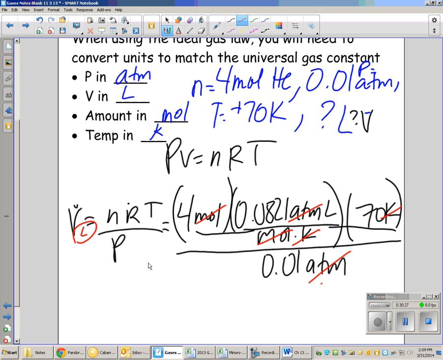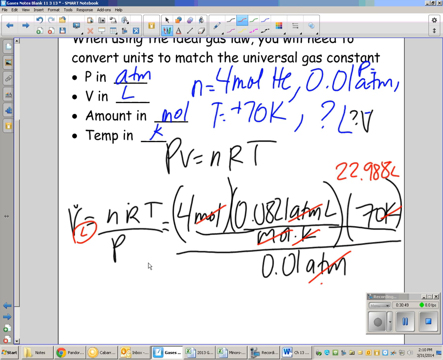Will someone calculate? I want to see the volume of my little bitty balloon. In your calculator, you're going to put 4 times 0.0821 times 70, enter. So the top number is 22.988 liters.